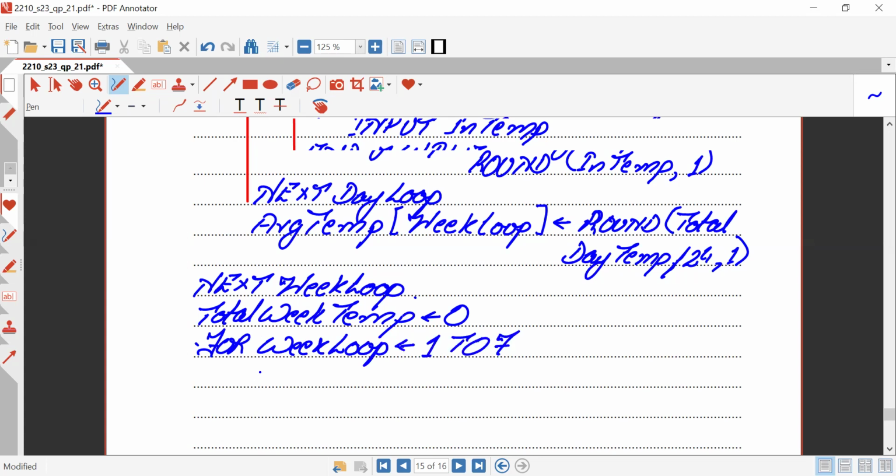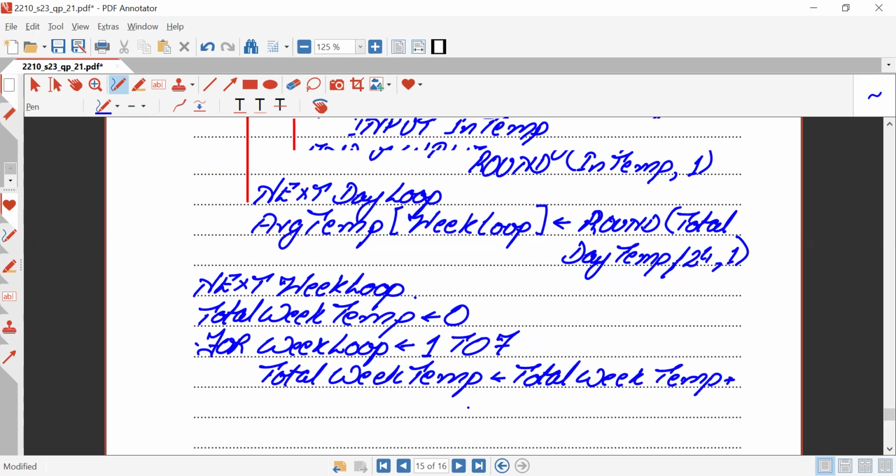Okay. So the total week temp is, do care about the indentation. Total week temp will be given with a value: total week temp, that means we are just having a sum, plus average temp, and over here it will be a week loop.